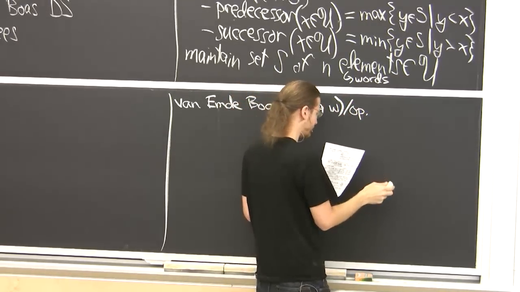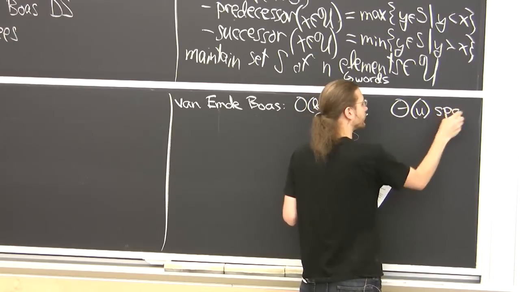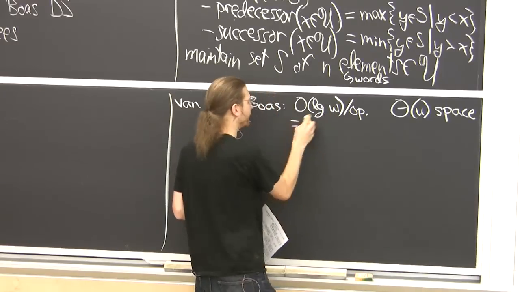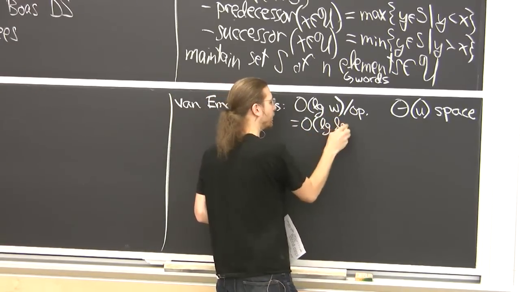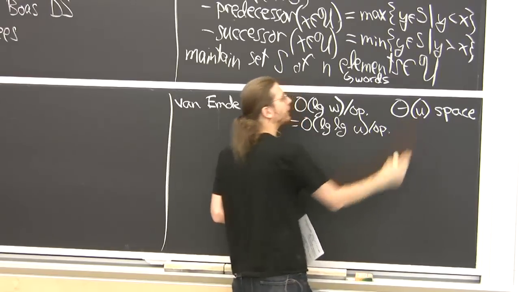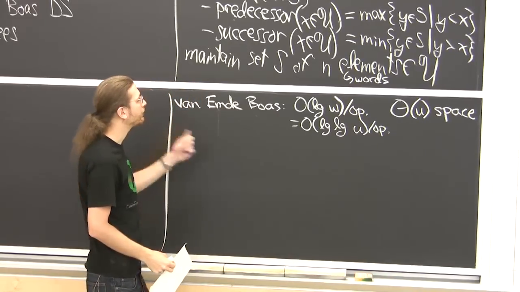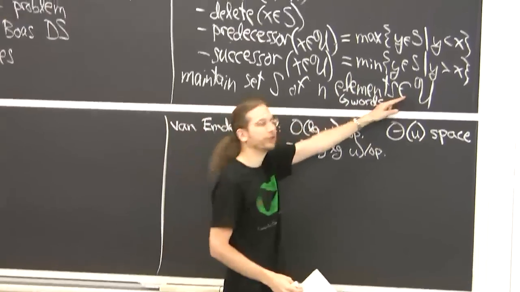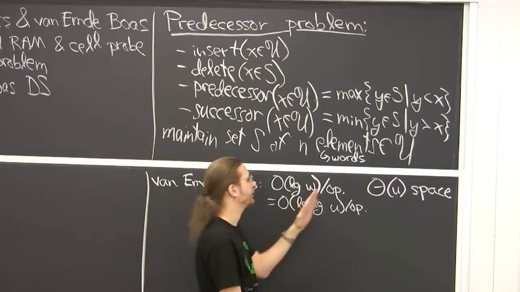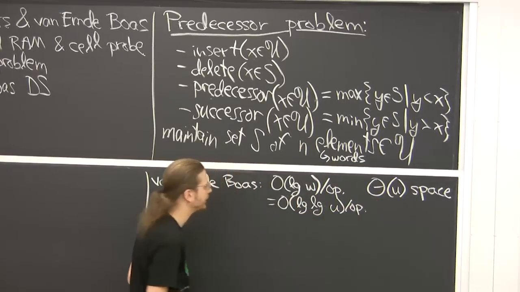And it achieves log w per operation. I think I'll rewrite this. This is log u per operation, but it requires u space. So think of u space as being like, for every item in the universe I store, yes or no, is it in the set? So that's a lot of space, unless n and u are not too different. But we can do better.